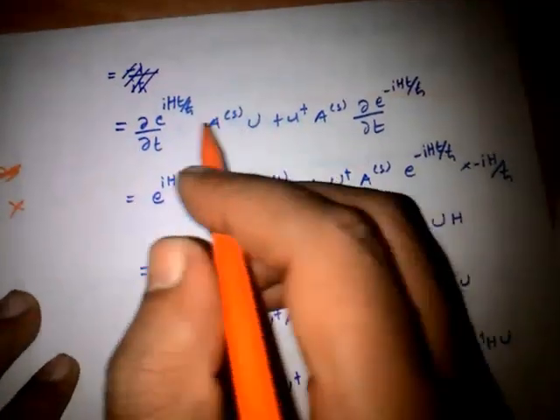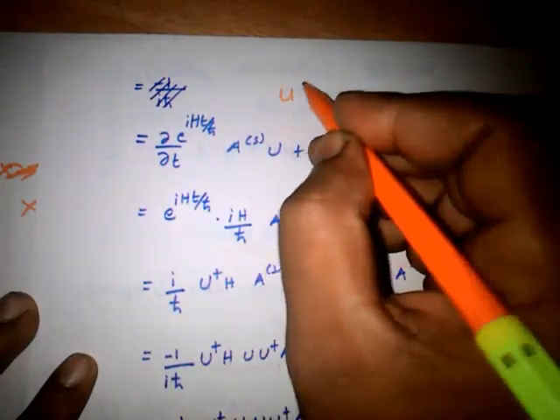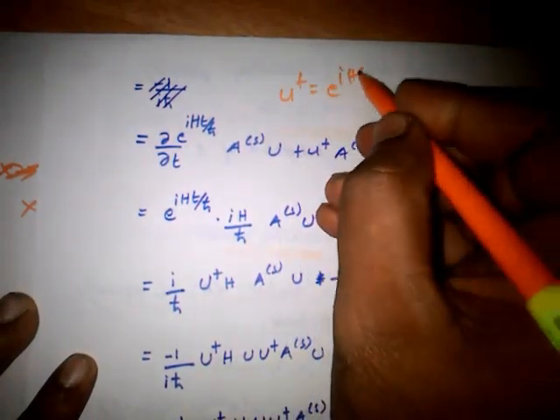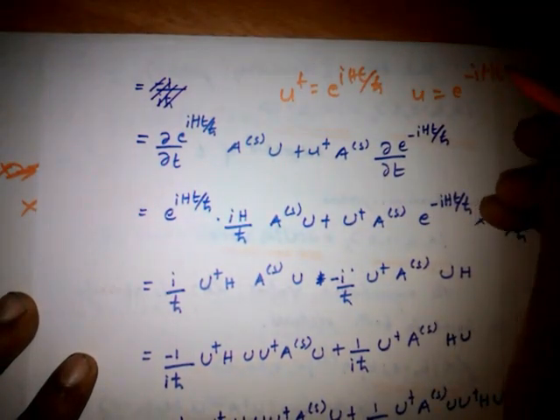U dagger equals e raised to i H t over h cross, and U equals e raised to minus i H t over h cross.